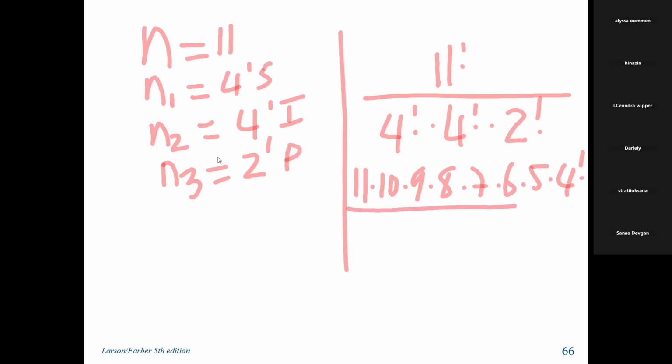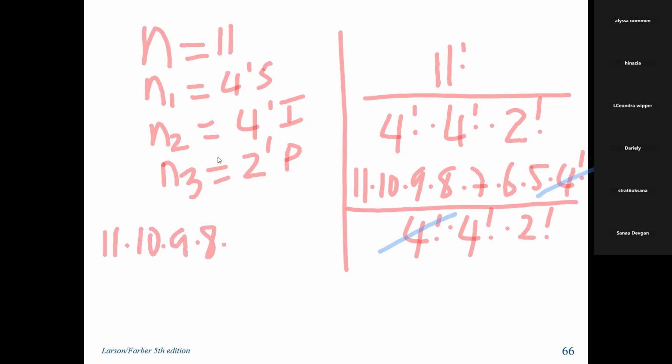You're going to cancel one of the 4 factorials, so you have 11 times 10 times 9 times 8 times 7 times 6 times 5 over 4 factorial times 2 factorial.